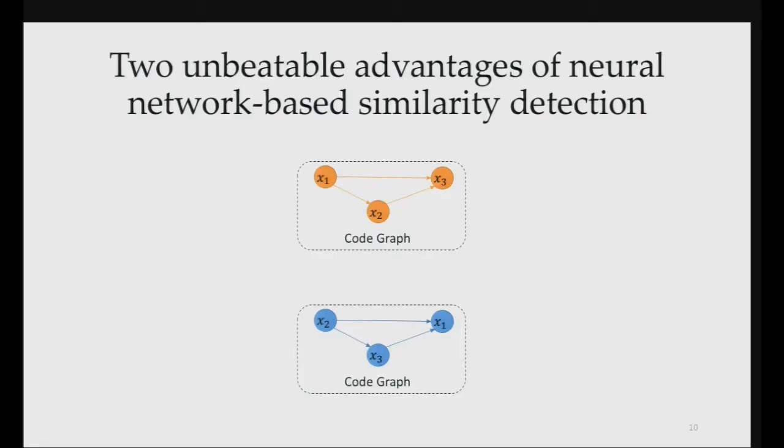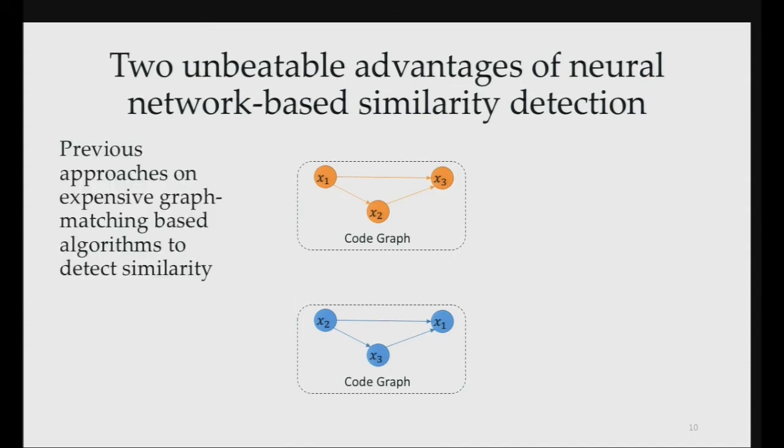Here I forward reference an example that I will mention in the following. Typically, when you want to detect whether two codes are similar, you convert them into two code graphs, and the main task is to detect whether the two code graphs are similar or not. One approach is to use graph matching algorithms.